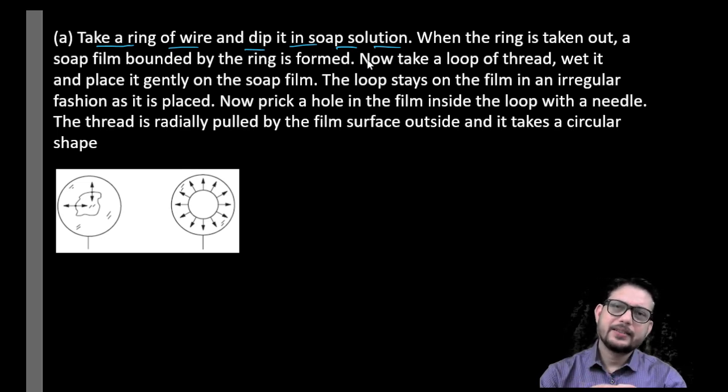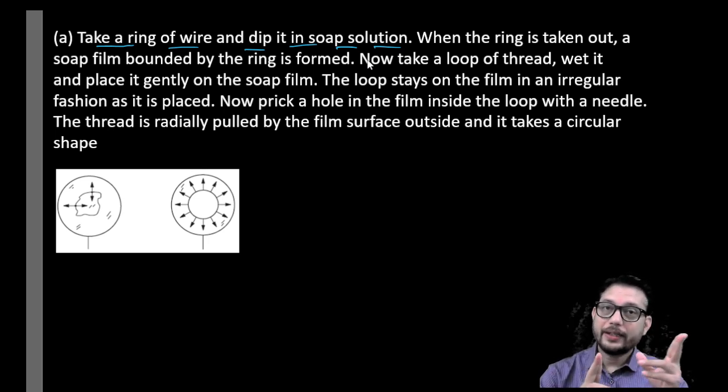The reason is that soap solution has a unique property: it has a dual layer. If we compare soap solution with normal water, and water has surface area A, then the soap solution has surface area 2A.